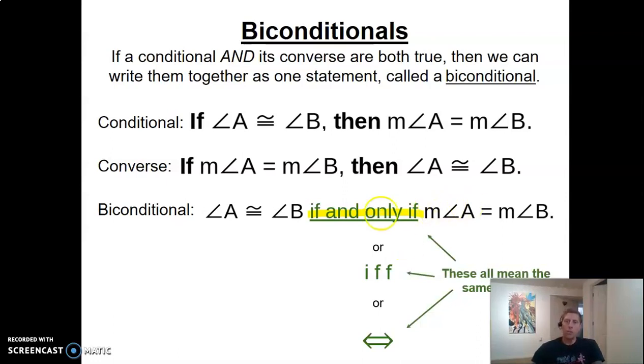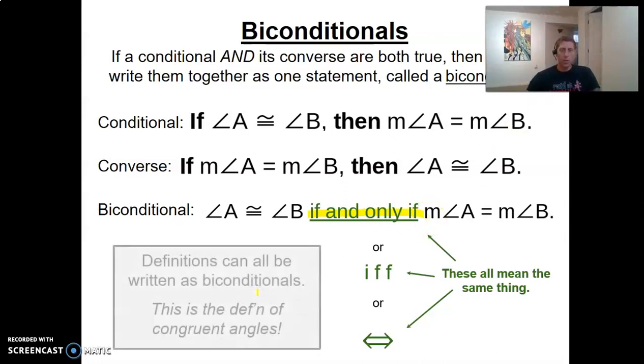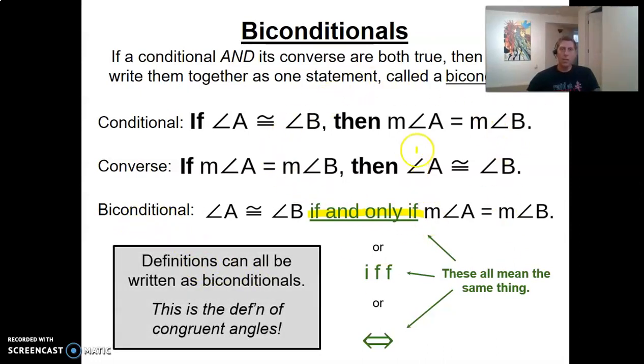All of these symbols, like I said, mean the same thing. Last one for this slide is that this particular setup here is the definition of congruent angles. And all definitions that we go through this year can be written as biconditionals, so we can reverse them if it suits our purposes when we're doing proofs. That's going to be really helpful and important.